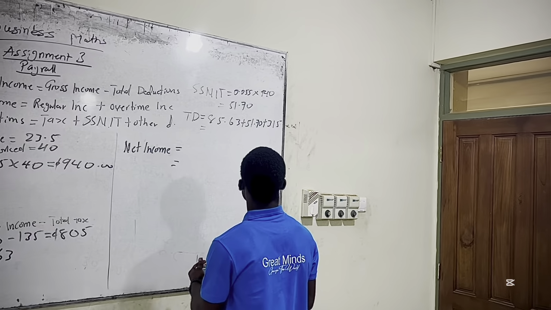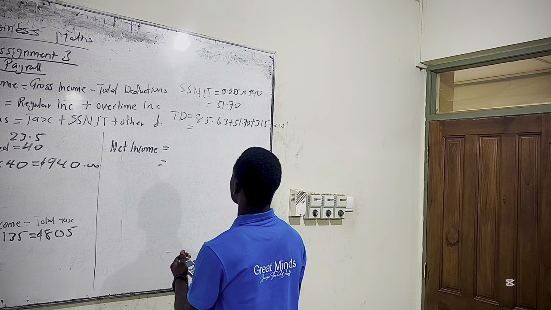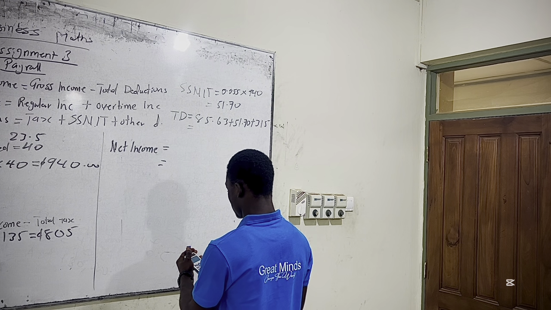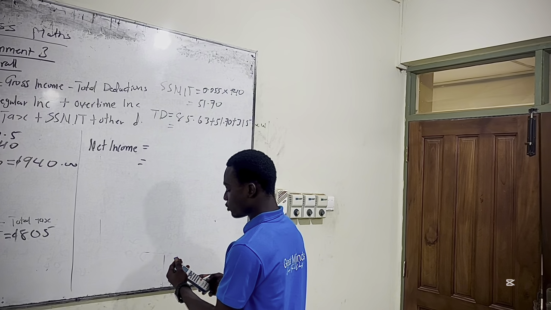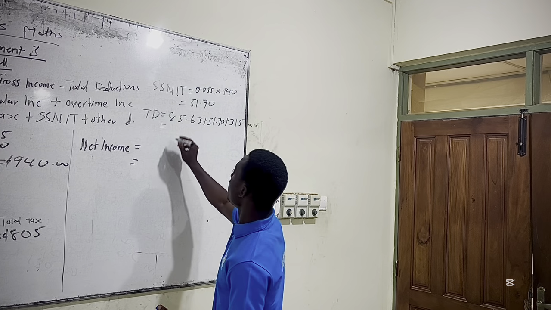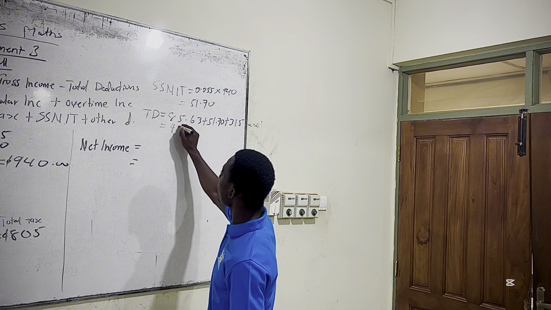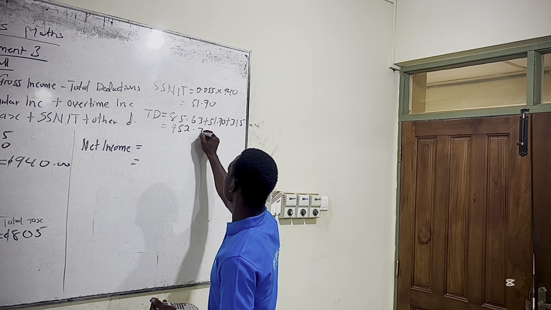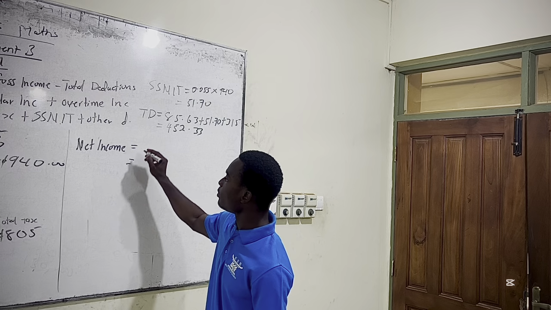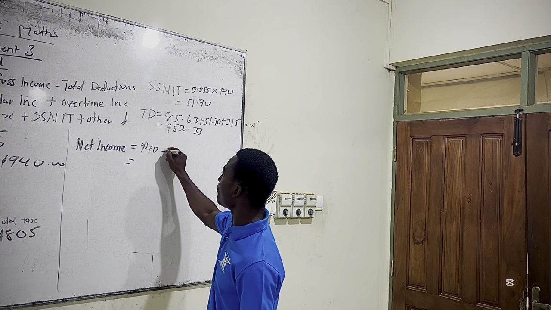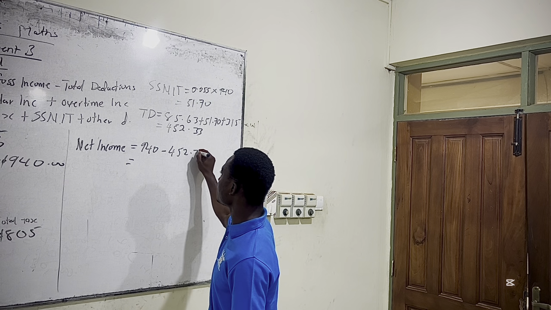So 85.63 plus 315, and that's going to give you a total deduction of 452.33, right? So the net income is going to be 940 minus 452.33.